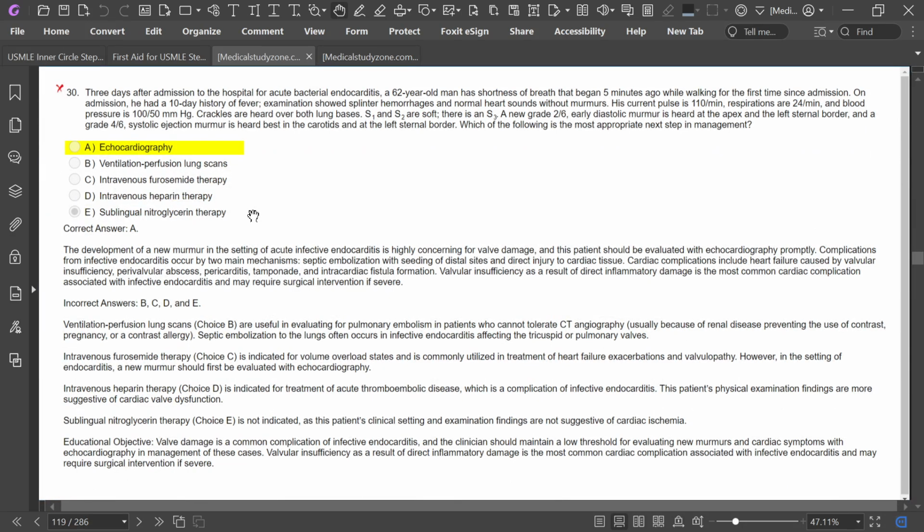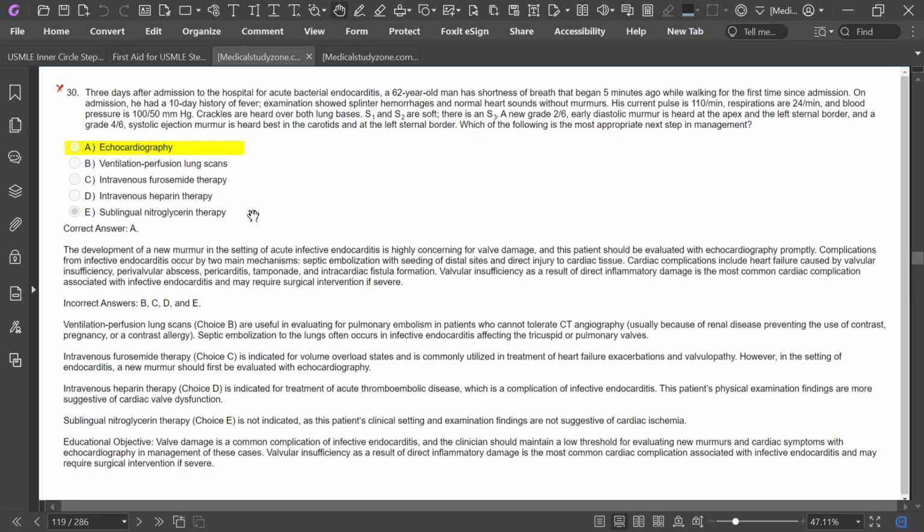The development of a new murmur in the setting of acute infective endocarditis is concerning for valve damage. This patient should be evaluated with echocardiography promptly.